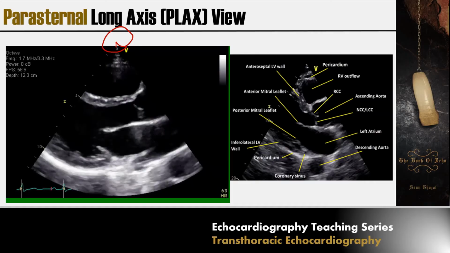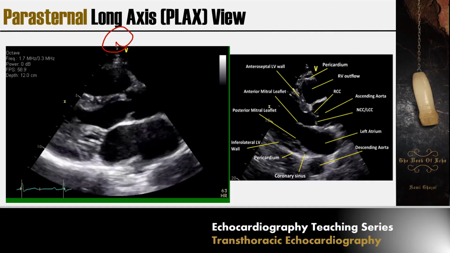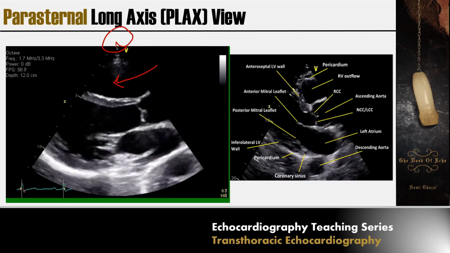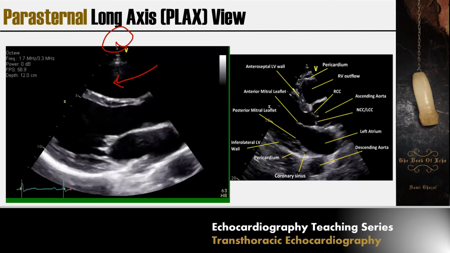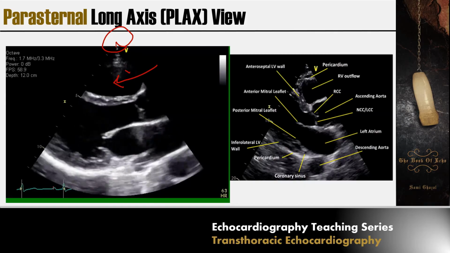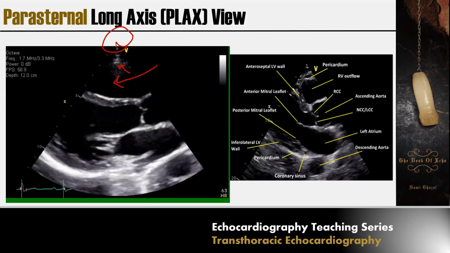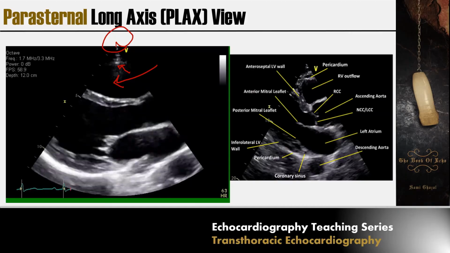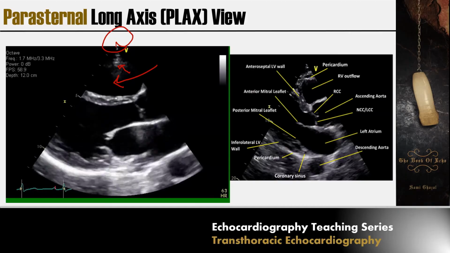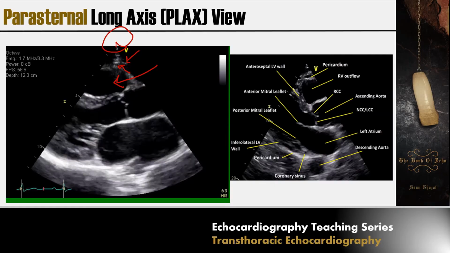So now to the structures. This is the RV outflow tract, and if you look carefully you can see the RV free wall here, the anterior wall of the RV, because the probe is anterior. And sometimes if you look carefully you can see the pericardium also.